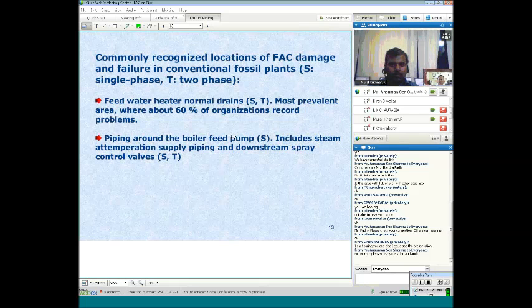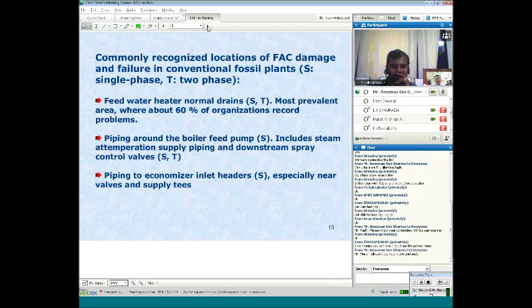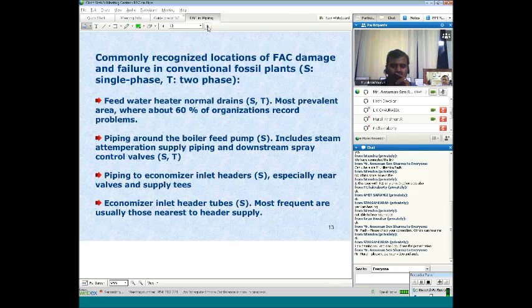It is also occurring in the attemperator supply piping and downstream of the spray control valve, where you see both single and two-phase types of FAC problem. Piping to the economizer inlet headers, especially near valves and supply tees. Then economizer inlet header tubes. These are all single-phase FAC, most frequently near the header supply.